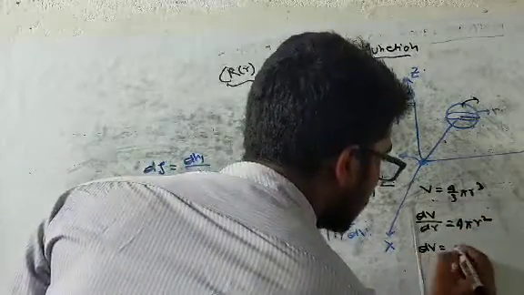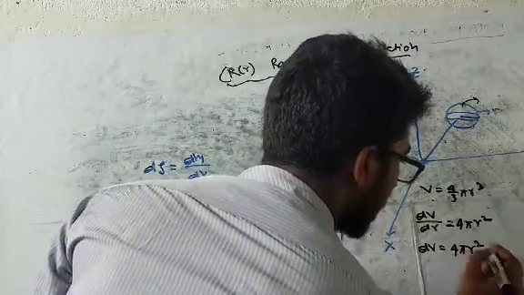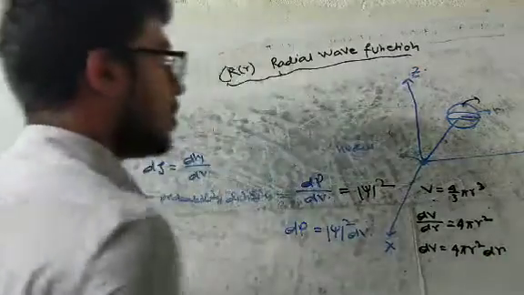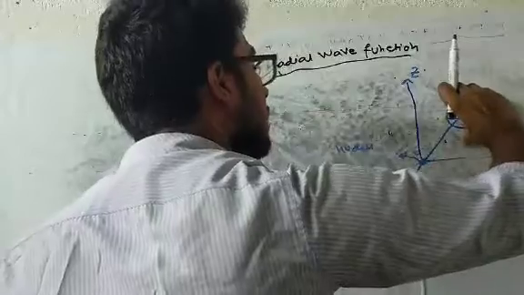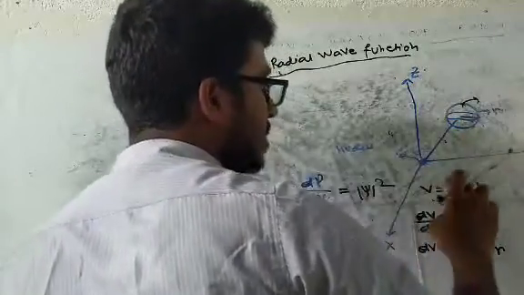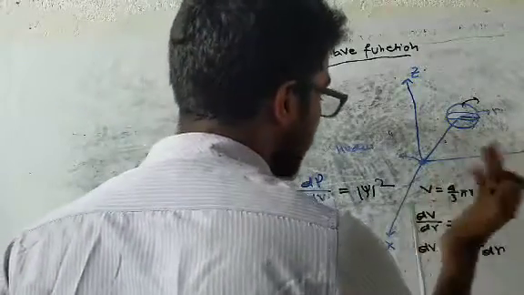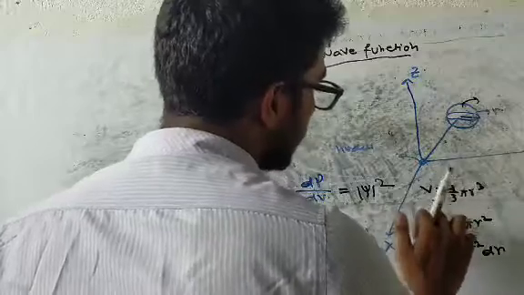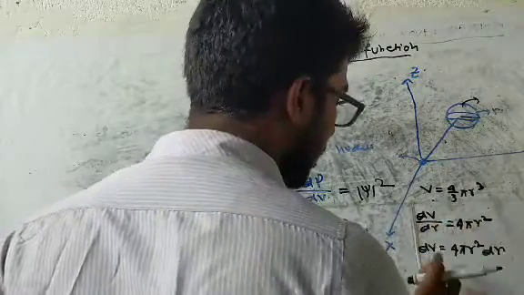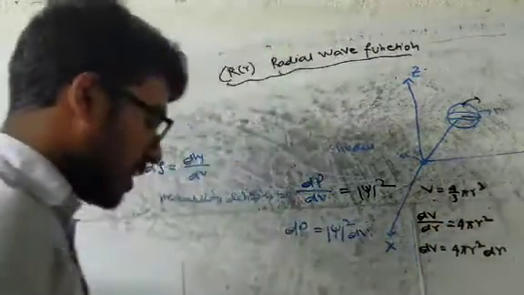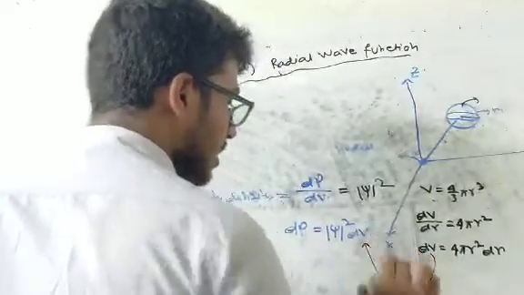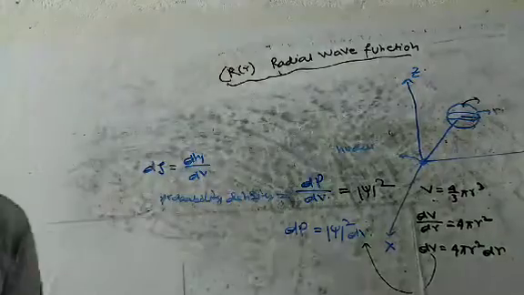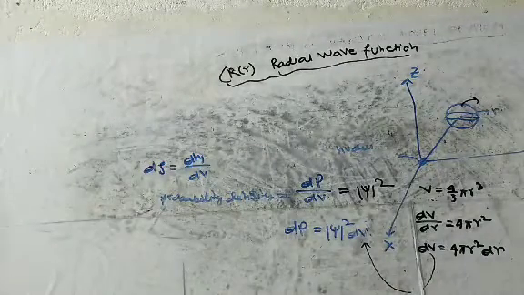So dV equals 4 pi r square dr. I am just taking the value of dV and putting it in this equation.